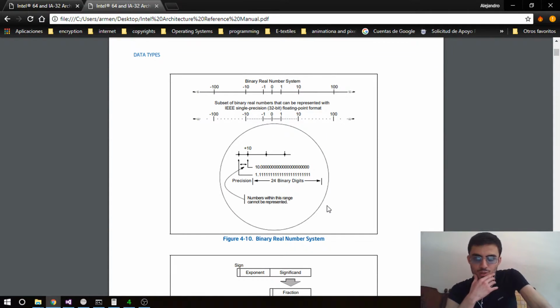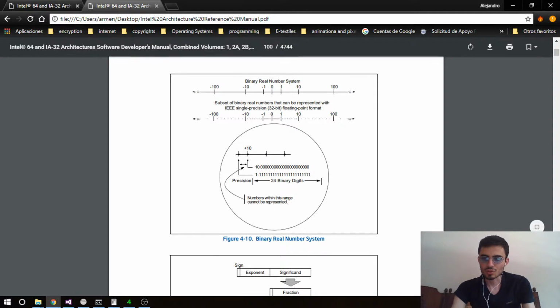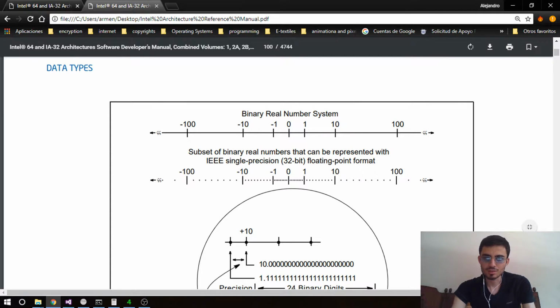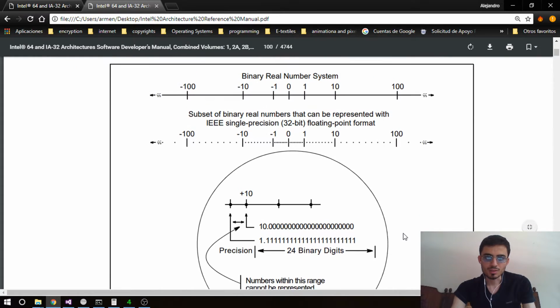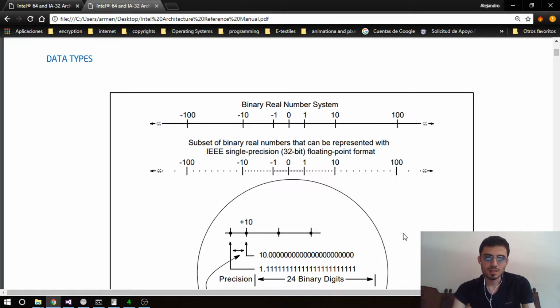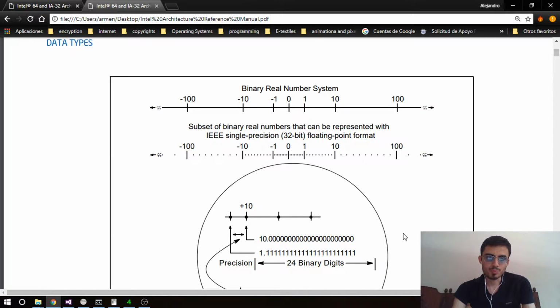Okay, so we have this chart and it shows the real number system: 0, 1, 10, 100, infinite, minus infinite. Let me zoom a little bit so we can see it. And the subset of the binary real number system. Oh no, sorry, this is binary.